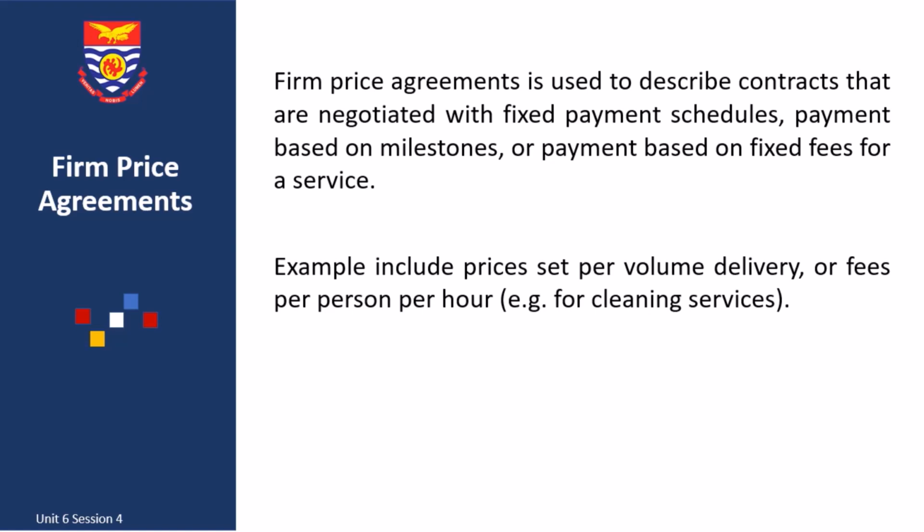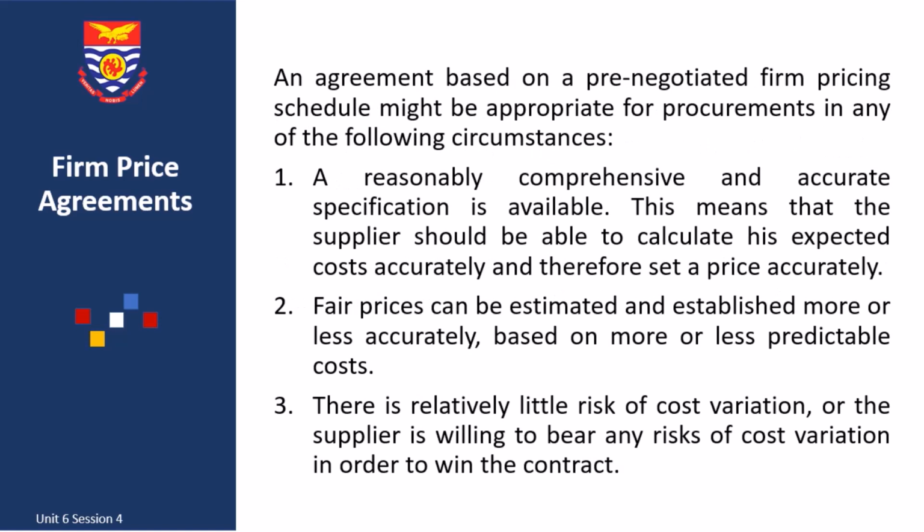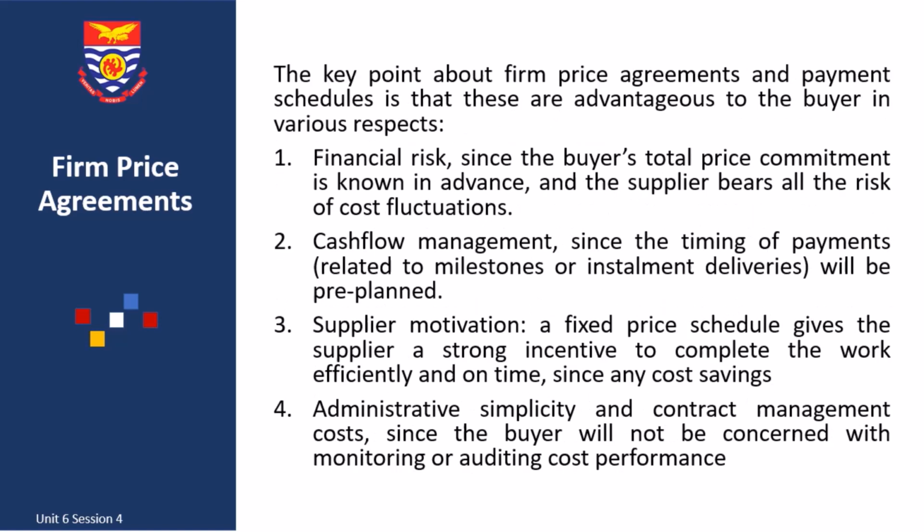Also, when fair prices can be estimated and established more or less accurately based on more or less predictable costs. Another instance where a firm price agreement will be appropriate is when there is relatively little risk of cost variation, or the supplier is willing to bear any risk or cost of variation in order to win the contract. These circumstances are highlighted here.